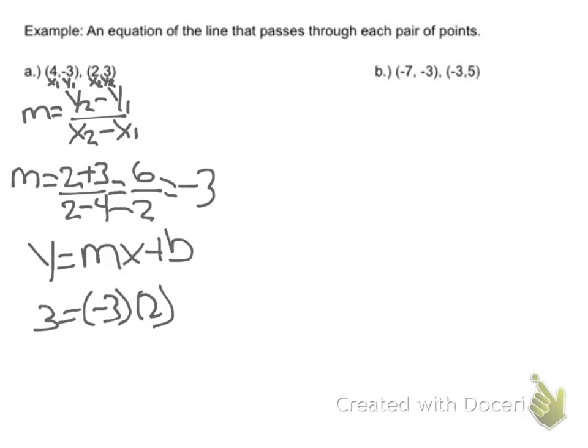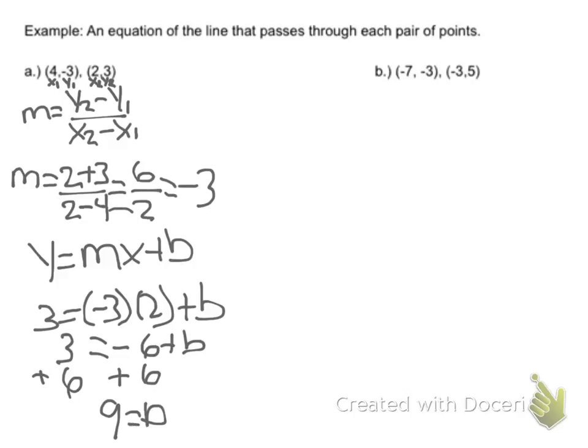And so now we do plus b because we don't know what that is. So -3 times 2 is -6, plus b. So now we want to add 6 to both sides. And 3 plus 6 is 9, which equals b.